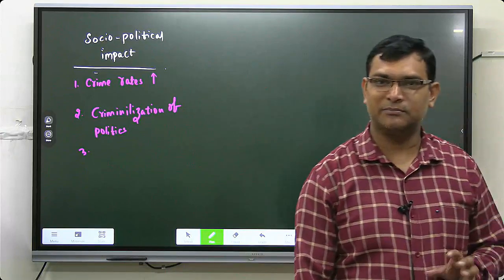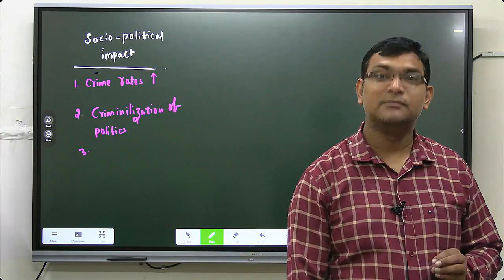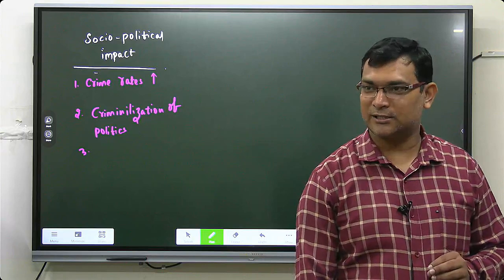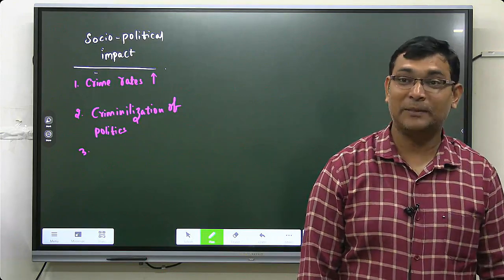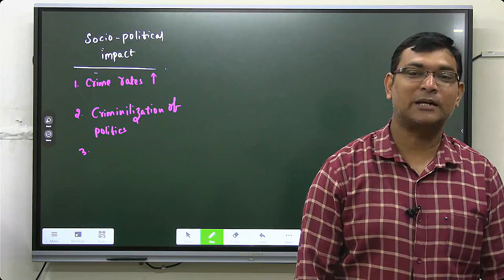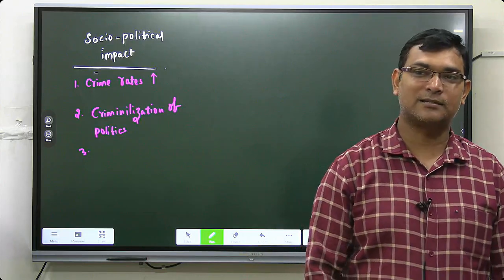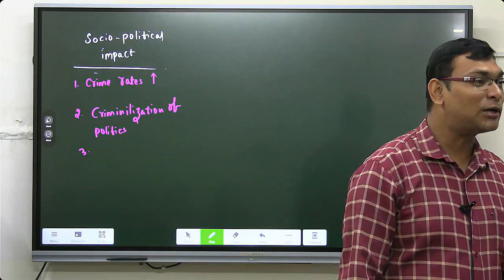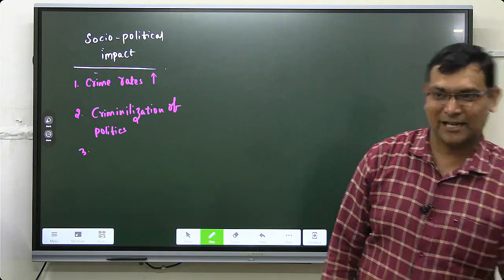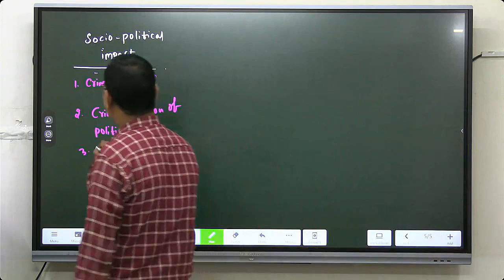What is his name? Maharashtra CM. Eknath Shinde only. So such kind of government will happen. If you have more money, you will start buying opposition MLAs and you will start building your own government. That is called political distress. Yes, correct?